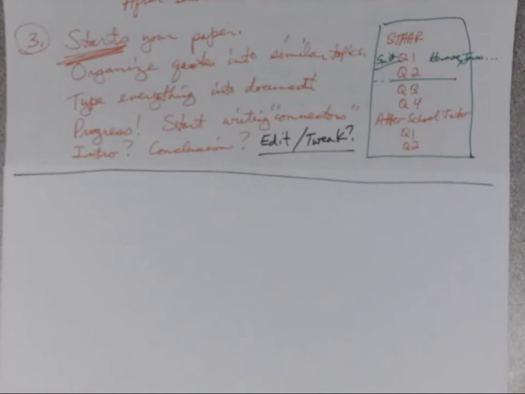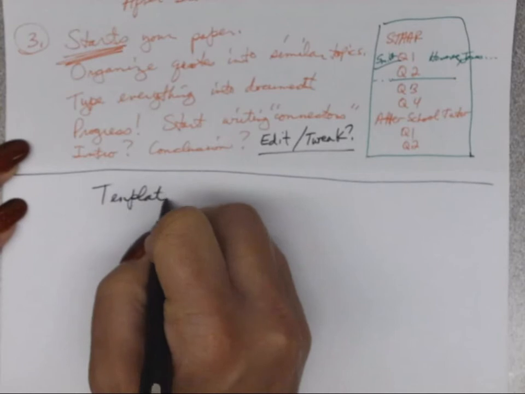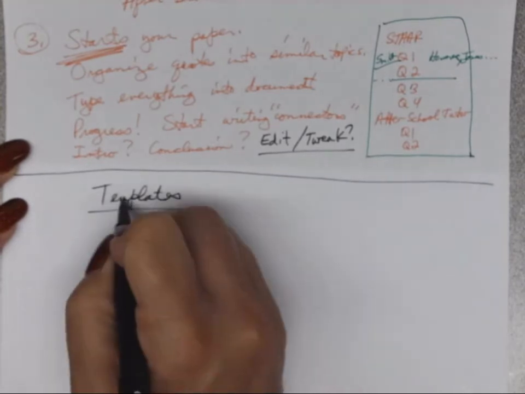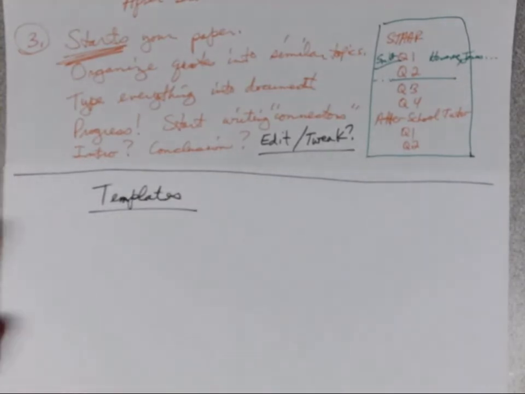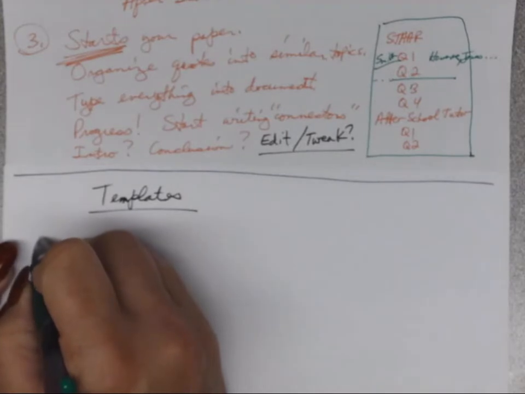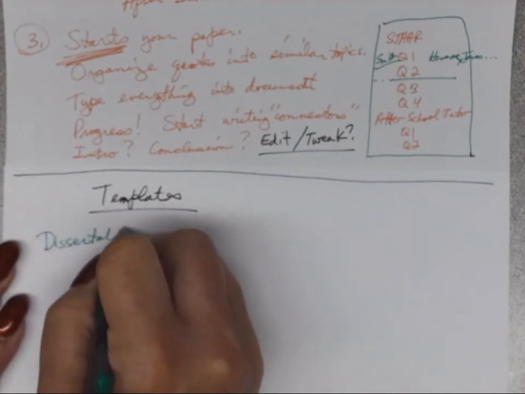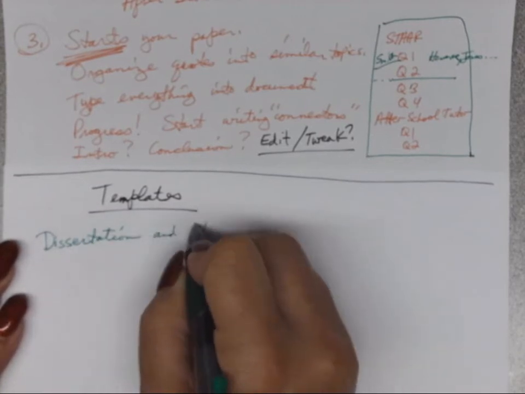One of the things that you'll see in your D2L is the templates. And these are for our Math 595 papers, but I think that they're pretty universal. And what is their name now? I'm sorry, Dissertation and Thesis Office. I know it's not that.